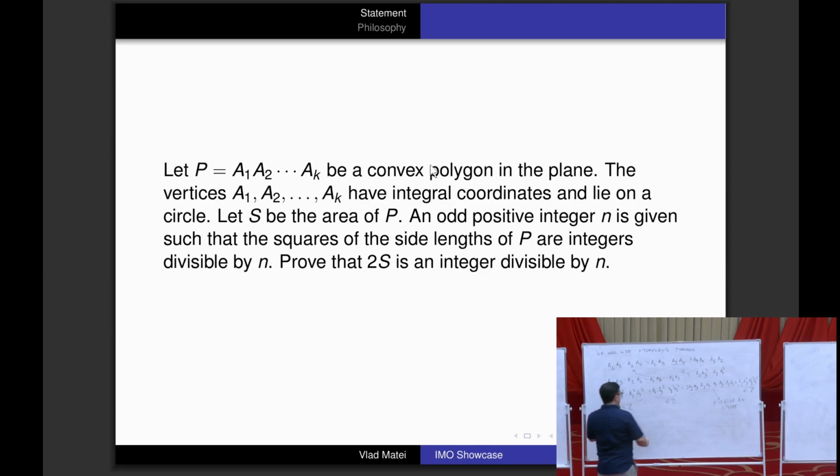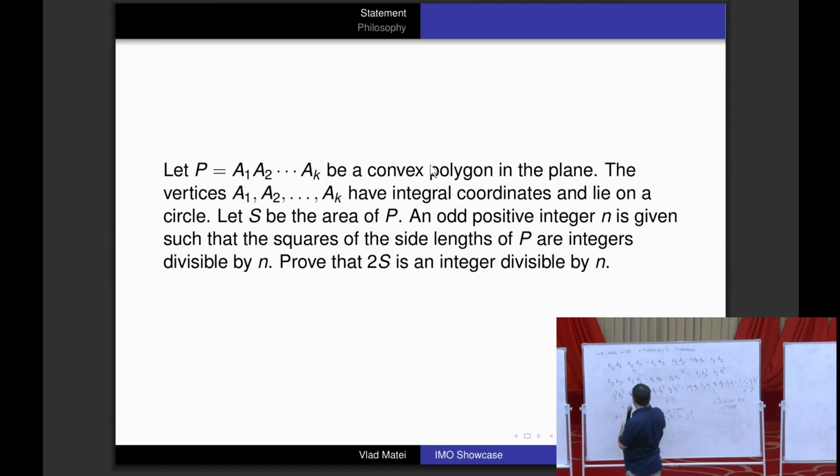Okay, so let's look at valuations. Well, the valuation of A4A3 squared times A1A2 squared: these are two sides, right? I have a p to the t here and a p to the t here. So that's p to the 2t, so this is 2t.